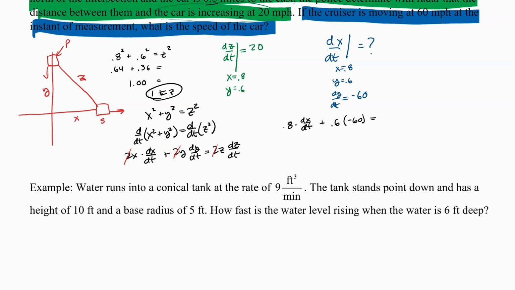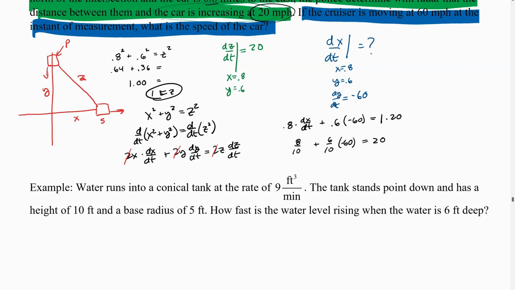So z is 1, and dz dt, we said, is 20. And that car is getting further away and is increasing. So now all we have to do is solve for dx dt. So I've got 8/10 dx dt plus 6/10 times negative 60 is equal to 20.